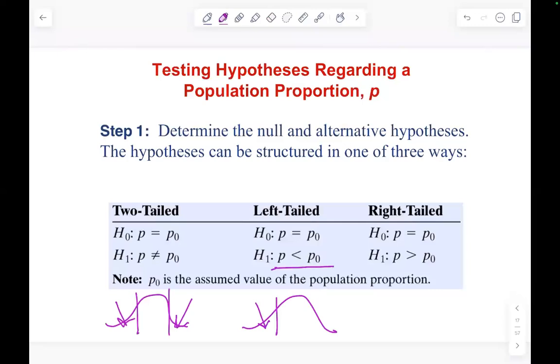A right-tailed test, we're only looking at the right tail, and we reject the null if anything lands out there. So these are the 3 types of tests. Left-tailed is less than, right-tailed is greater than, and two-tailed is not equal to. I'll give you a moment to write that down if you have not already.